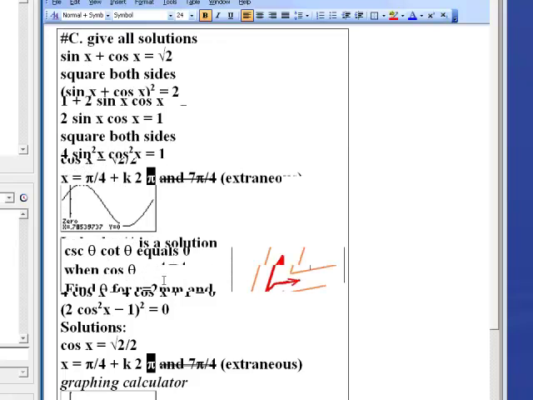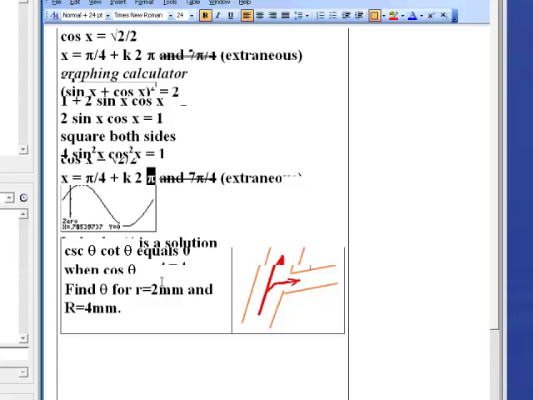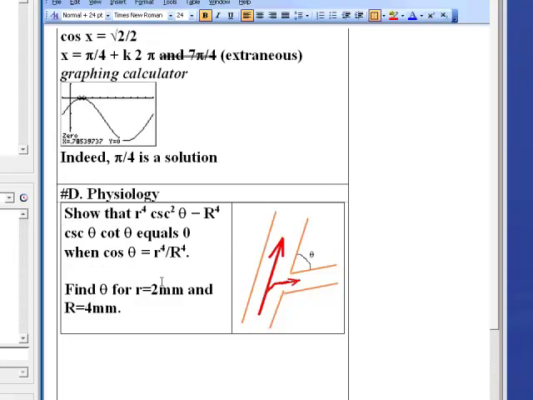One more problem. This one says, in the human body, the value of theta that makes the following expression 0, and this is the expression, r to the 4th cosecant squared minus r to the 4th cosecant times cotangent, is the angle at which an artery of radius lowercase r will branch off from a larger artery of radius uppercase r in order to minimize the energy lost due to friction.